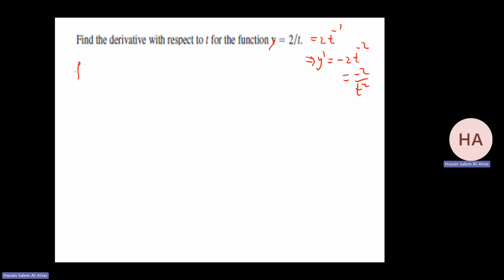So if we do it the long way, we say this is the limit as delta x goes to 0 of f of x plus delta x minus f of x, over delta x. He's using t, no problem.